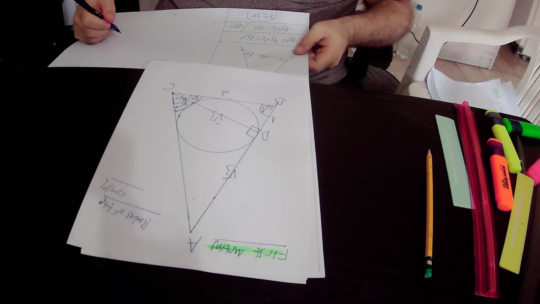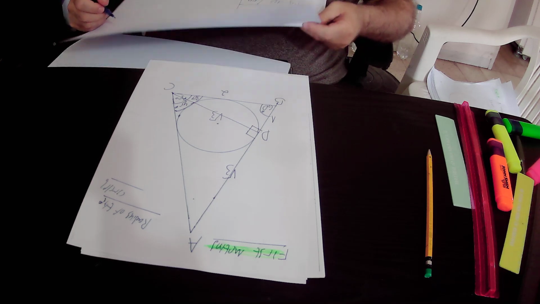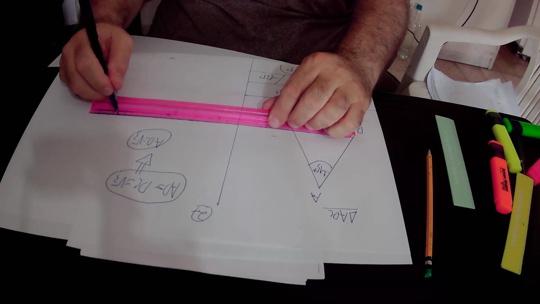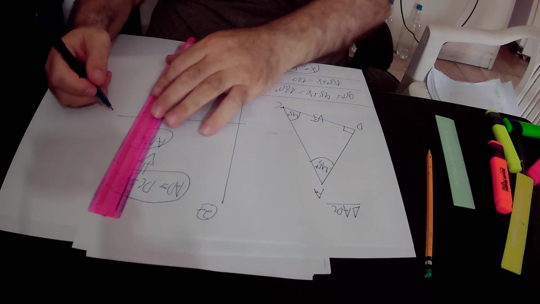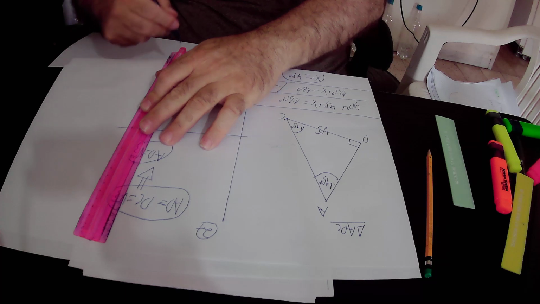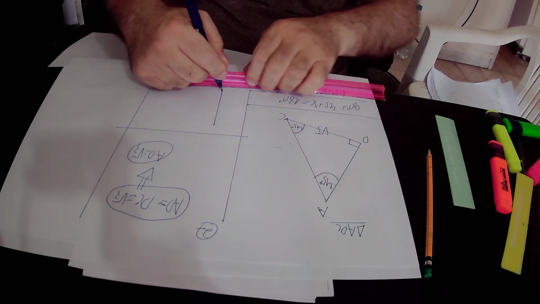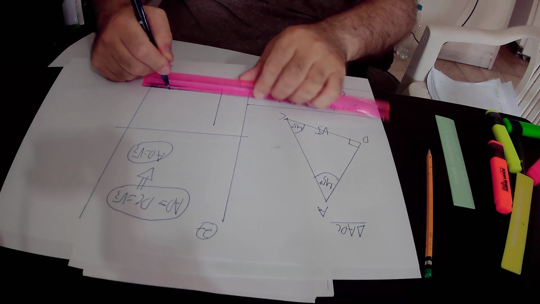So we'll continue to focus on the right triangle ADC. We copy the right triangle ADC here, and we'll implement the Pythagoras theorem on the right triangle ADC.